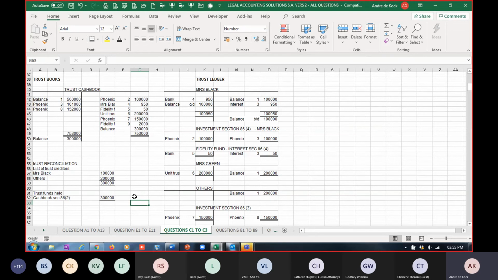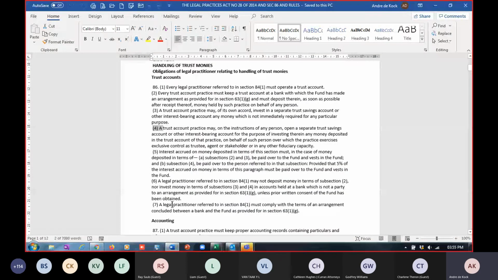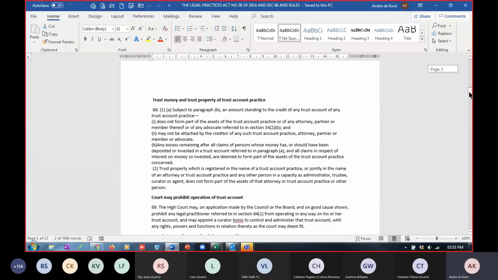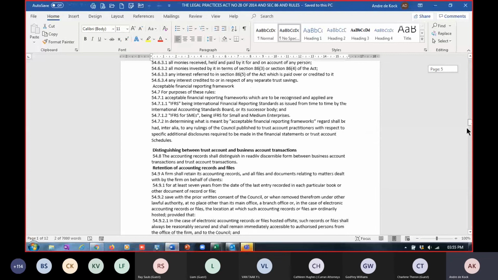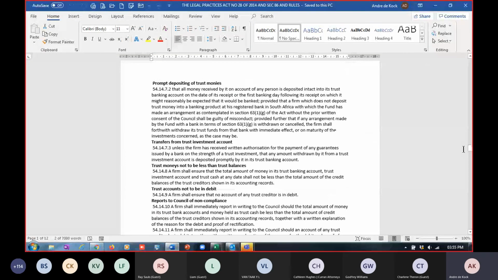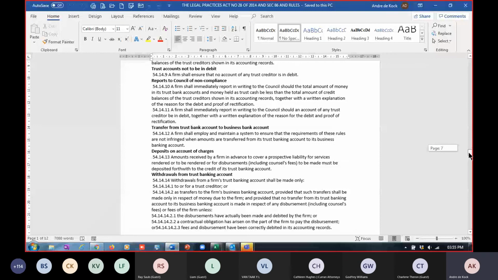That list on 54.15, if you look at 54.15 here, a little bit further.